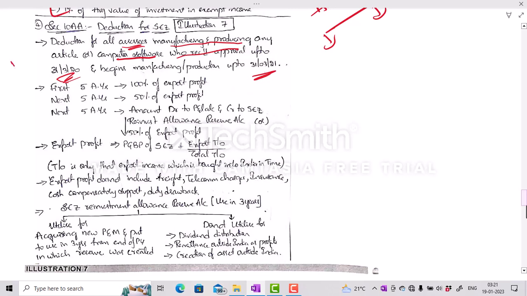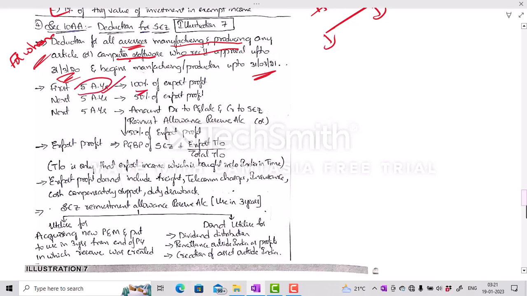This is for whom? All assessees engaged in manufacturing or producing of articles or computer software and received approval up to 31st March 20 and begin manufacturing up to 31st March 21. For them, this deduction is available and it is for first 5 assessment years 100%.